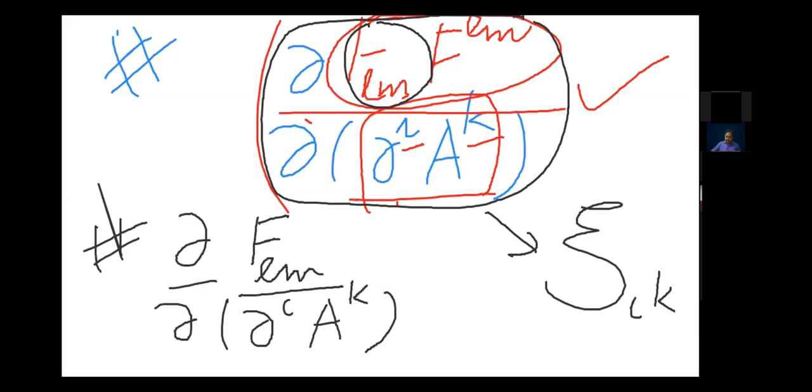So first you calculate this thing, and then you go over to the quadratic term FLM. Okay, and just try to think about what should be done. Any question?